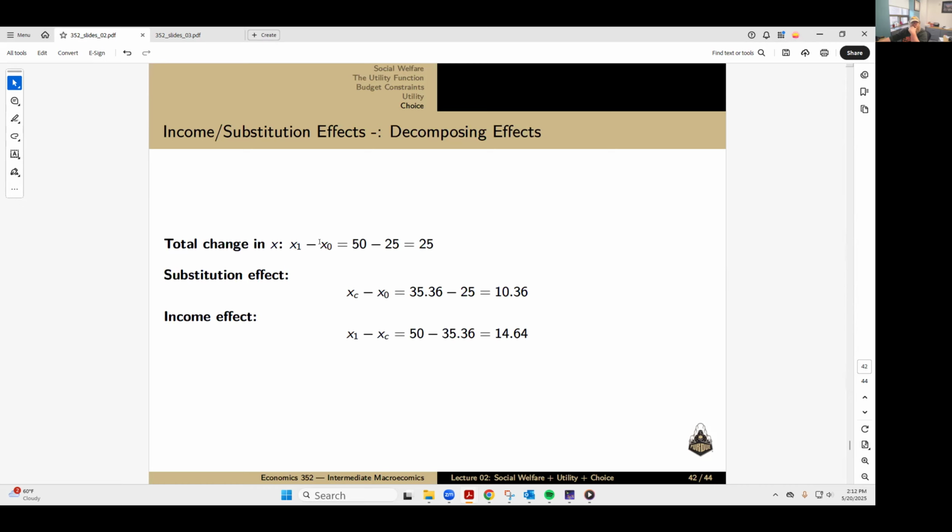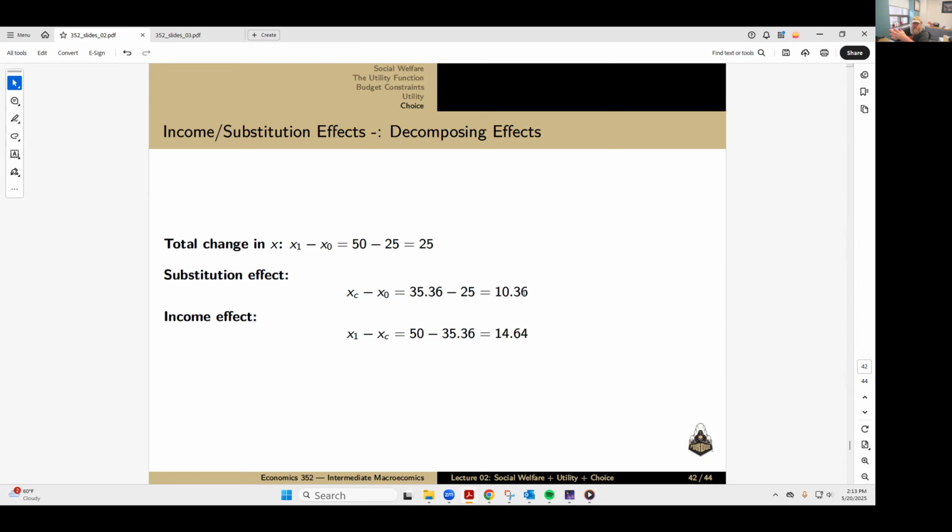In order to show this, we compute the full effect. I went from 25 units of X to 50 units of X. From the substitution effect, I can see that 10 of those units came from substituting, that is, increasing my consumption of X and comparatively decreasing my consumption of Y. And then the income effect is going to be close to 15.